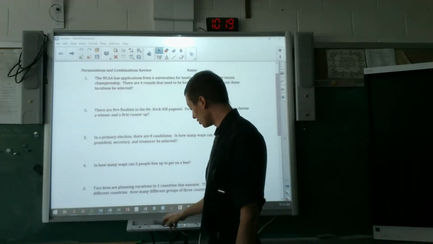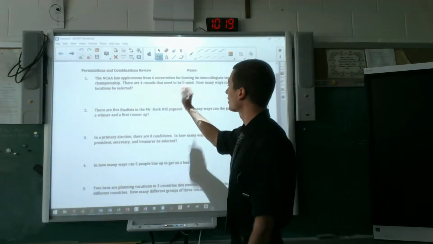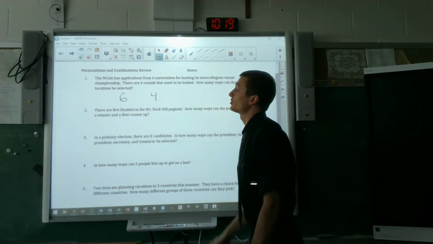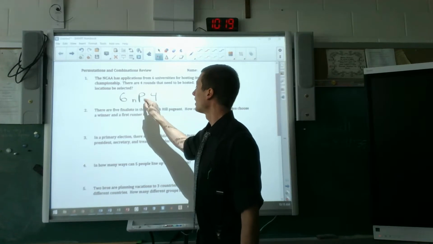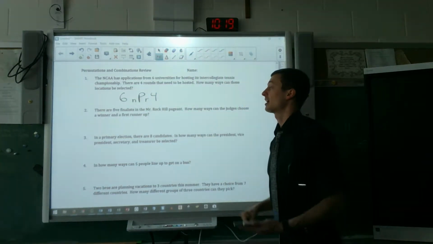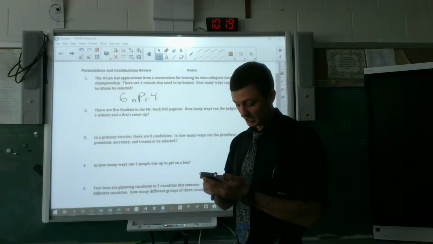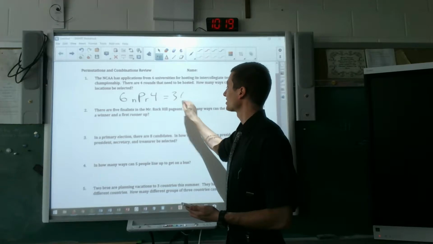So as far as the calculator is concerned, there are 6 universities and 4 of them are going to be selected. Since order absolutely matters, it's going to be a permutation. So in our calculator, we would have 6 nPr 4, which gives us 360.